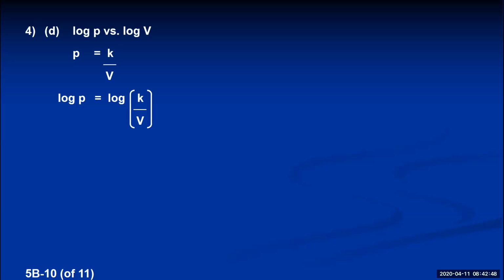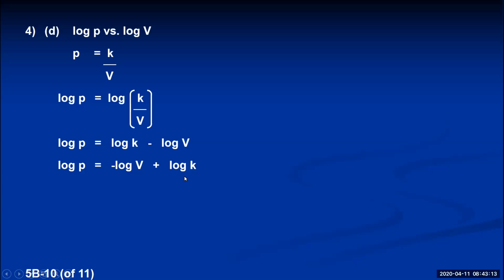And on the right side, because of the rule of logs, that can be simplified to be log of K minus log of V. And if I take the two terms on the right side of the equation and reverse them, I put the negative log of V first and the positive log of K second. The reason I do this is this fits in the form y equals mx plus b.